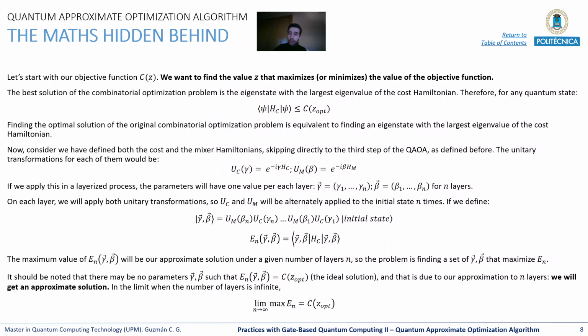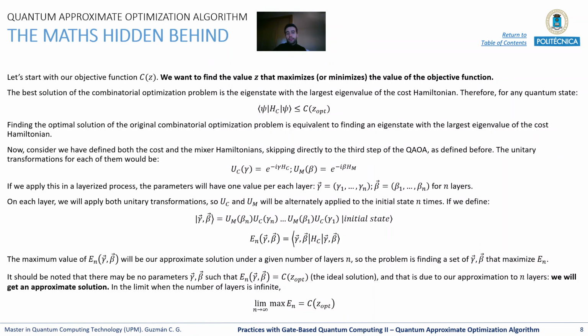So we can define that ket, that is gamma and beta, that would be the several times application of the unitary transformations, depending on each of the values of the parameters, to the initial state.